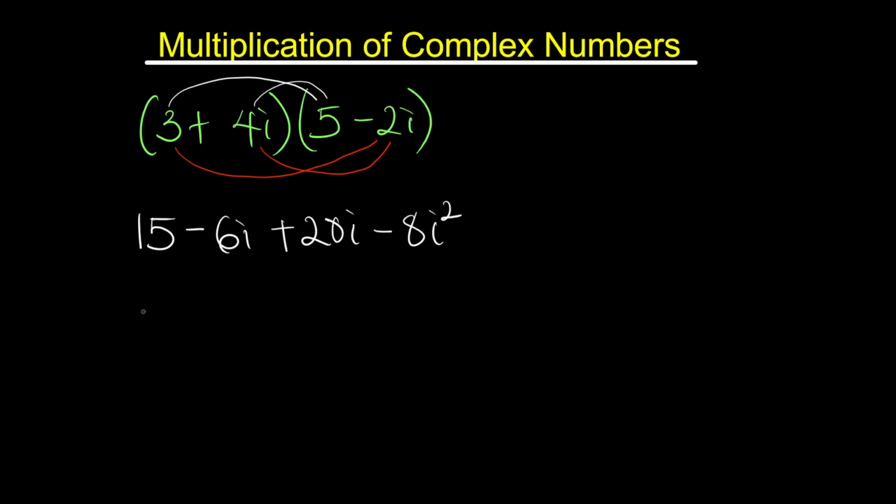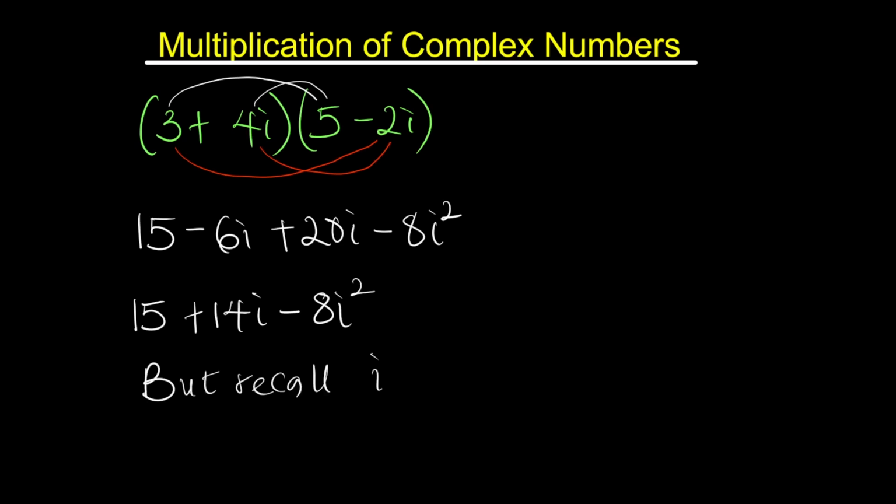Proceeding further, we are going to have 15. Negative 6i plus 20i is going to give us positive 14i, minus 8i squared. But recall that i squared is equal to negative 1. Hence, we are going to have 15 plus 14i minus 8 times negative 1.